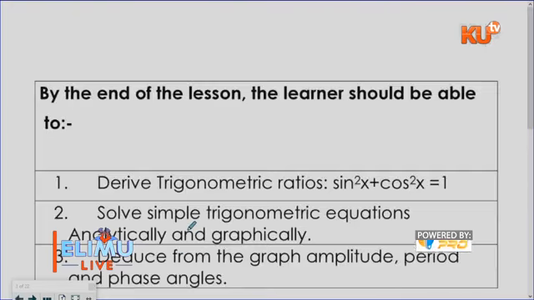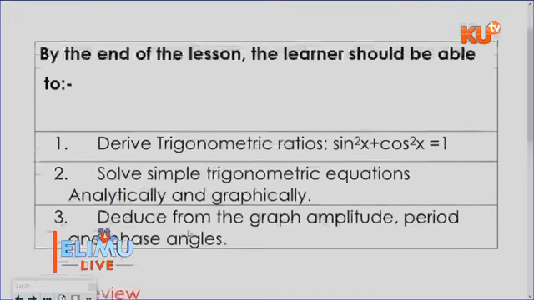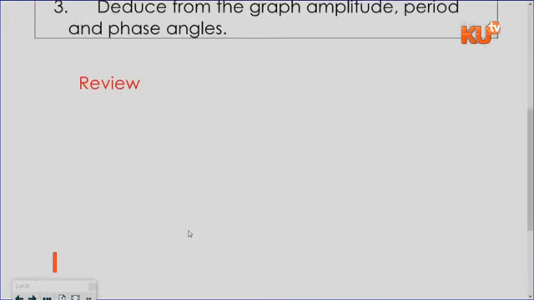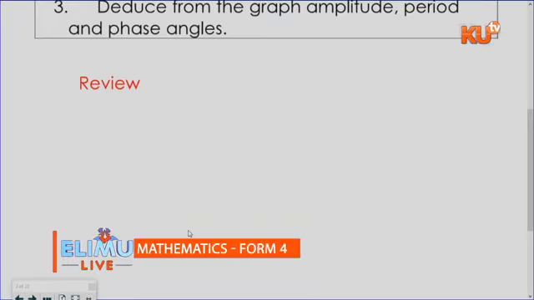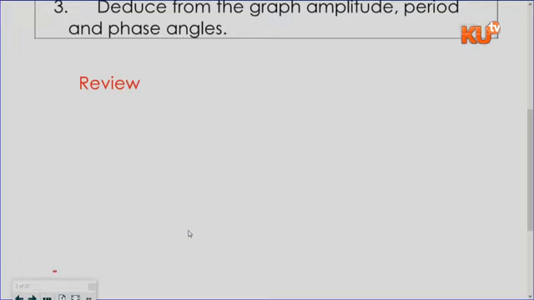So, I want us to very quickly recap what you did in Form 2 and in Form 3. In trigonometry 1, you learned about SOHCAHTOA. You remember, sine of any given angle theta was equal to opposite over hypotenuse.